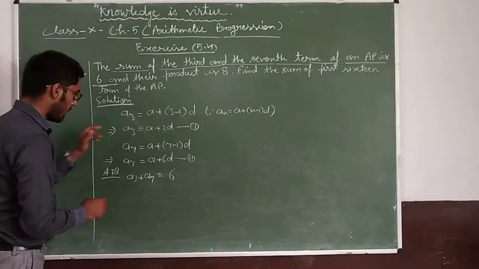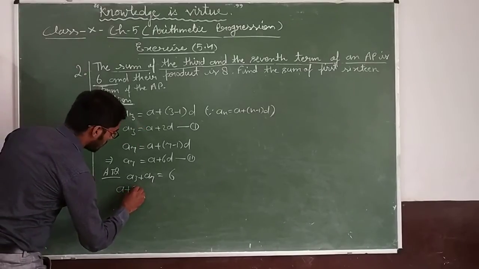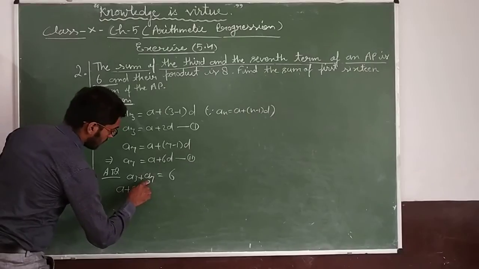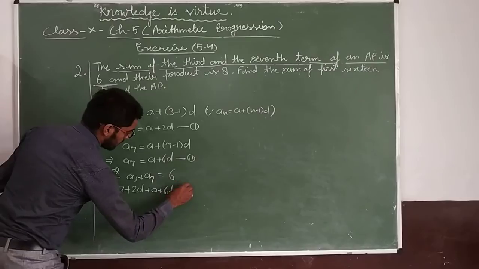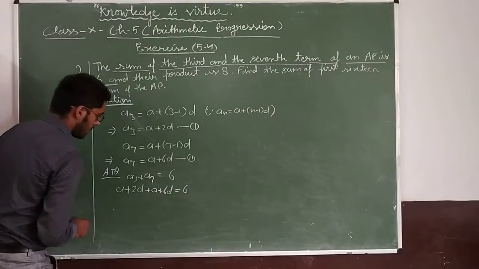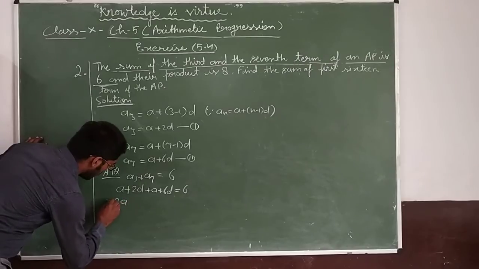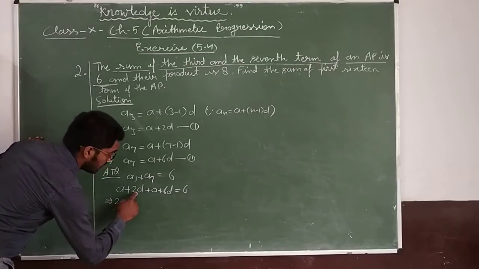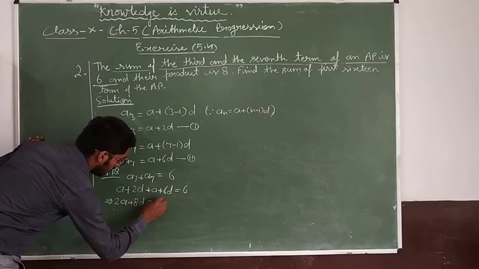A3 is A plus 2D, plus A7 which is A plus 6D, equals 6. A plus A is 2A, and 2D plus 6D is 8D, so 2A plus 8D is equal to 6.